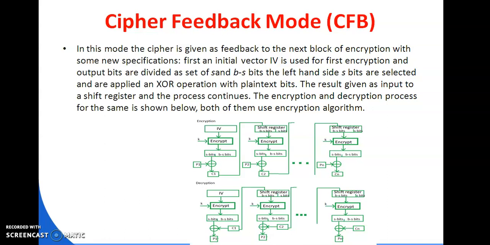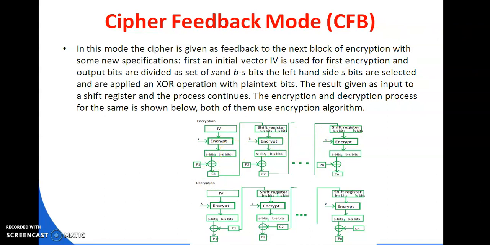Step 3 is now the bits of the initialization vector IV are shifted left by J positions, and thus the rightmost J positions of the shift register now contain unpredictable data, and these rightmost J positions are now filled with C1. Now the last step: the IV is encrypted again.